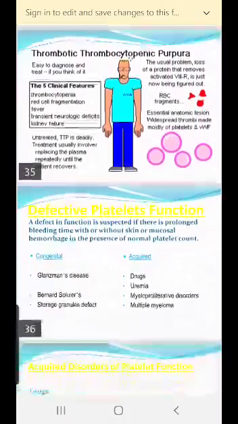Now it is not only the platelet count, a decrease or an increase; there can be a problem with the platelet function. Can you imagine if there is a problem with platelet adhesion, or if the platelets do not release ADP and collagen and whatever secretions are required to be released into the circulation?